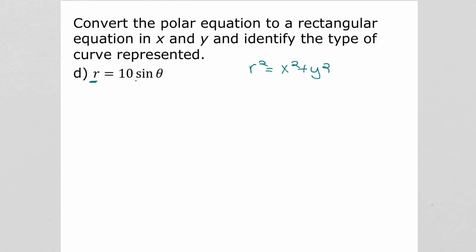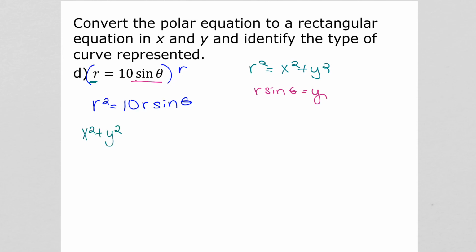And we know that if we have r sine of theta, we can plug in y. So what would help us here is to multiply the whole thing by r, so that we get r squared equals 10r sine theta. Now we can plug in, because r squared is x squared plus y squared, and r sine of theta is y.